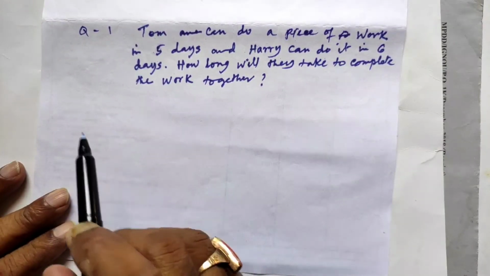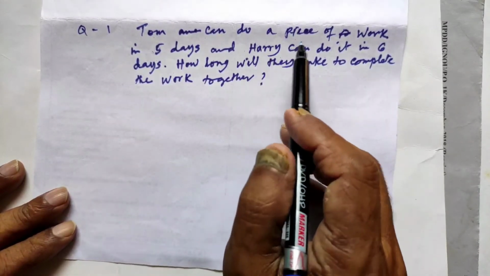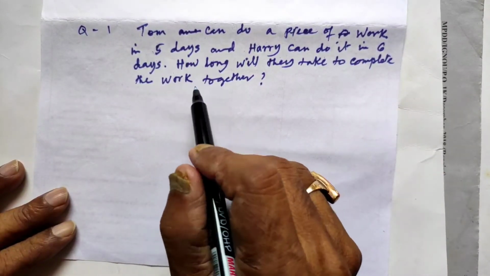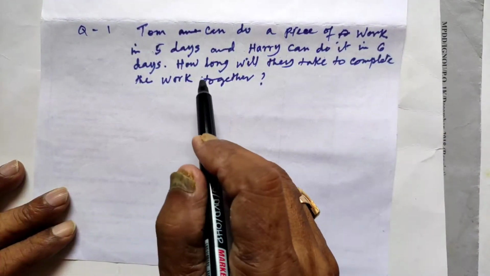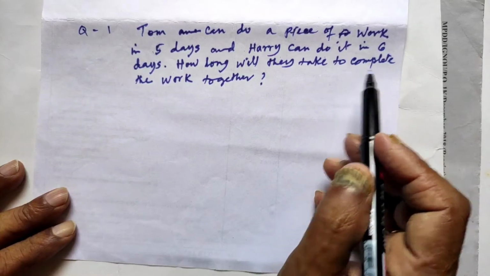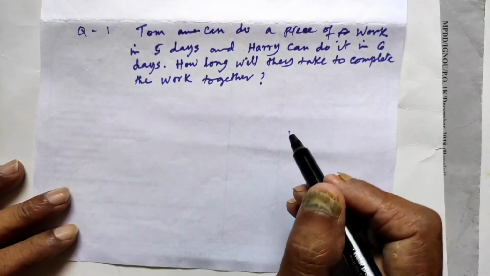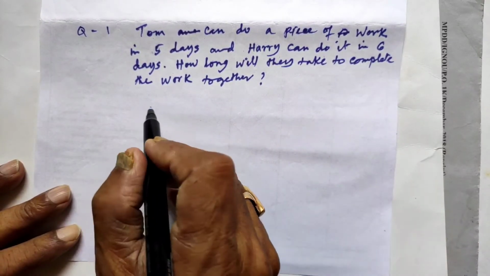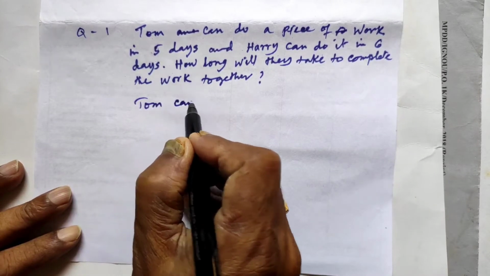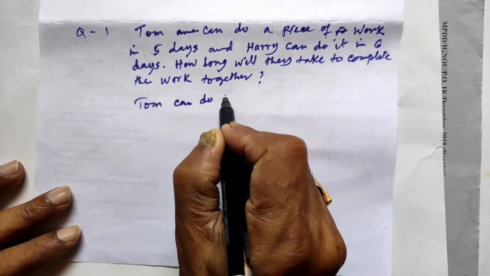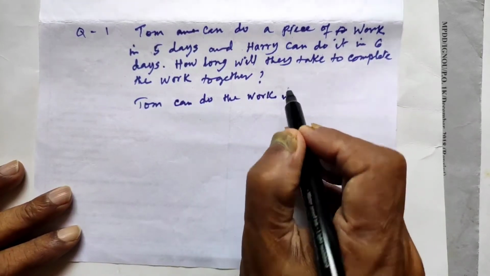Sum number 1 says that Tom can do a piece of work in 5 days and Harry can do it in 6 days. How long will they take to complete the work? From here we can see that Tom can do the work in 5 days.